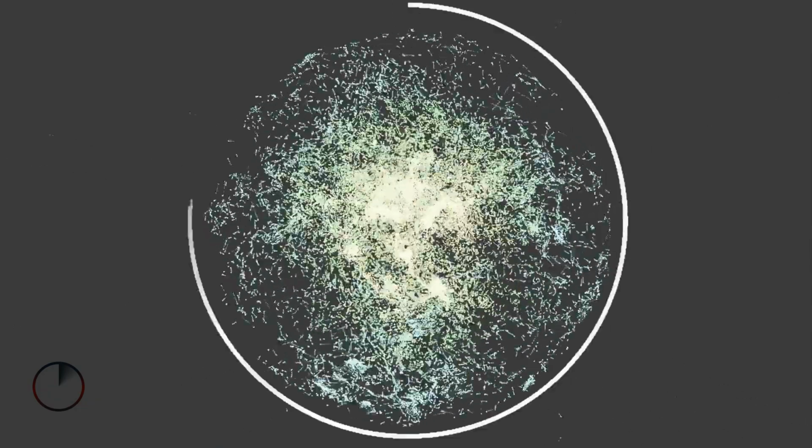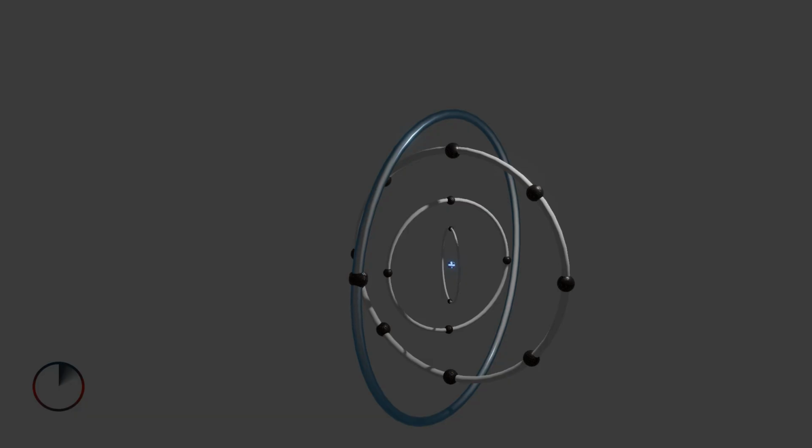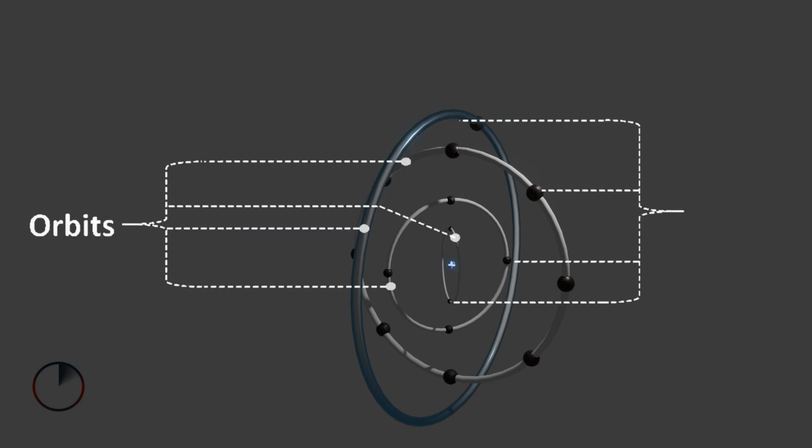Again, it can be said that the nucleus seen at the center of the atom makes up much less than 0.1% of the volume of the atom. So yeah, we will need a great deal of magnification here. Now, around this nucleus, there are different orbits, and the electrons revolve around these orbits.